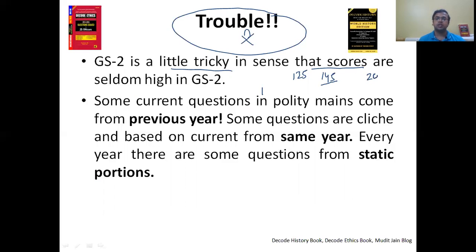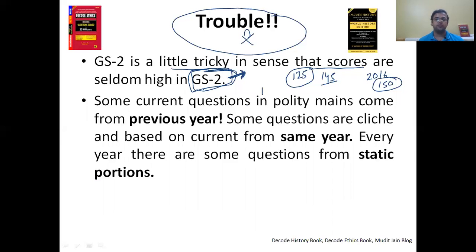In 2016, you would have heard about 150 plus scores in ethics, but you would have hardly heard about a 125, 130 plus average score in GS2. The average score in GS2 is less, according to me, every year. So it is tricky to score in GS2.